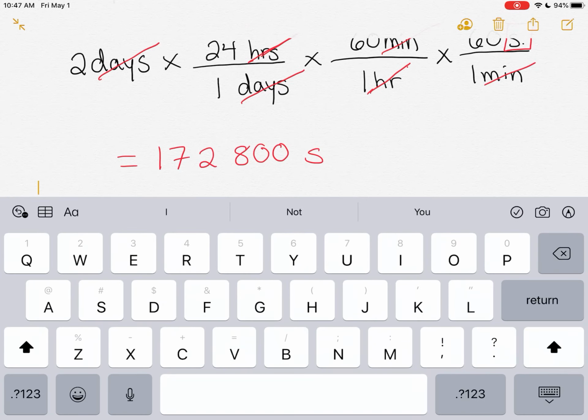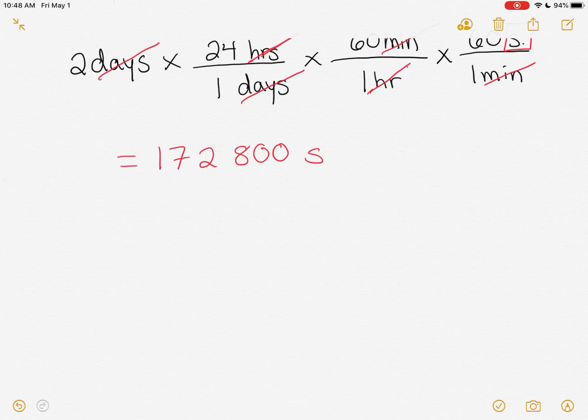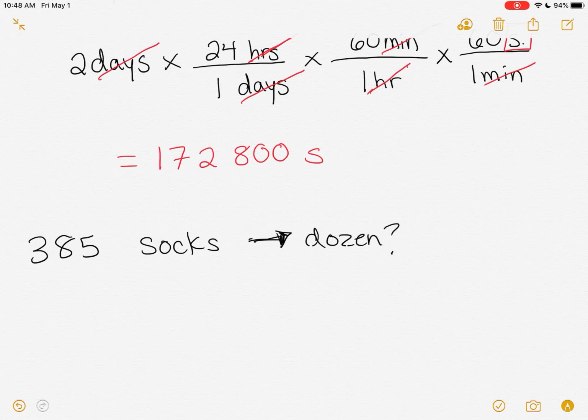All right. I can do this with lots of different units. And so the next one I think I'm going to do is I'm going to say that I have, let's pick a number here, 385 socks. And I want to know how many dozen socks. How many dozen socks is that?